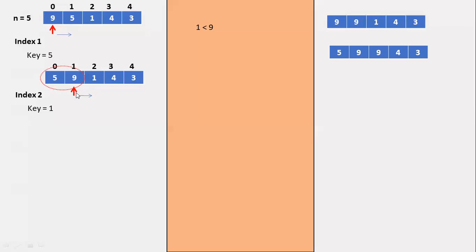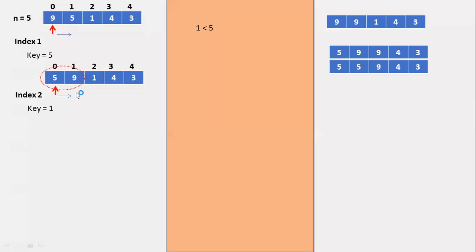Now again the key must be compared with 5. Here 1 is less than 5. The condition is true. So we have to move the element 5 towards the right, one position. Now the output will be 5, 5, 9, 4, 3.